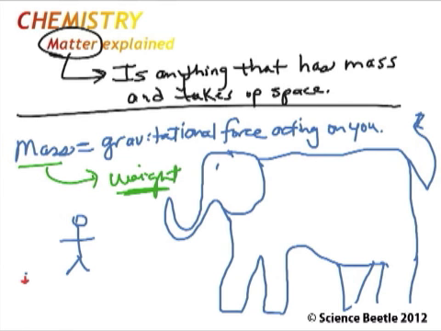The weight of the human is probably anywhere between 100 pounds and maybe 150, 180 pounds. But the weight of the elephant, we're probably looking at several hundred, several thousand pounds. And so the difference in weight is going to be huge. And one thing that follows that principle is that the size of the elephant is relatively big.